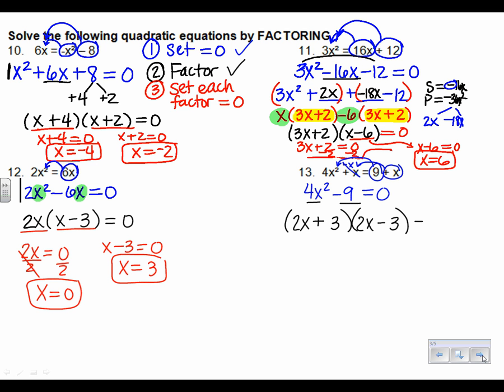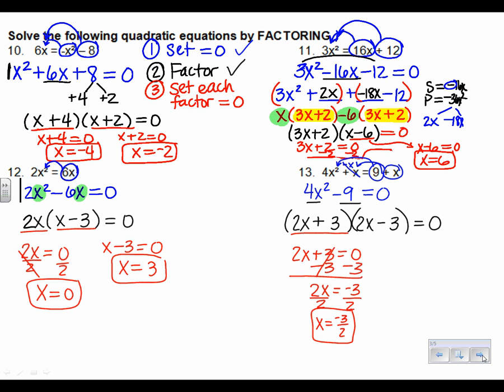It is factored completely. Step number 3 is to set each factor equal to 0. So I set 2x plus 3 equal to 0. And I get negative 3/2. There's one answer. Second factor, I set it equal to 0.